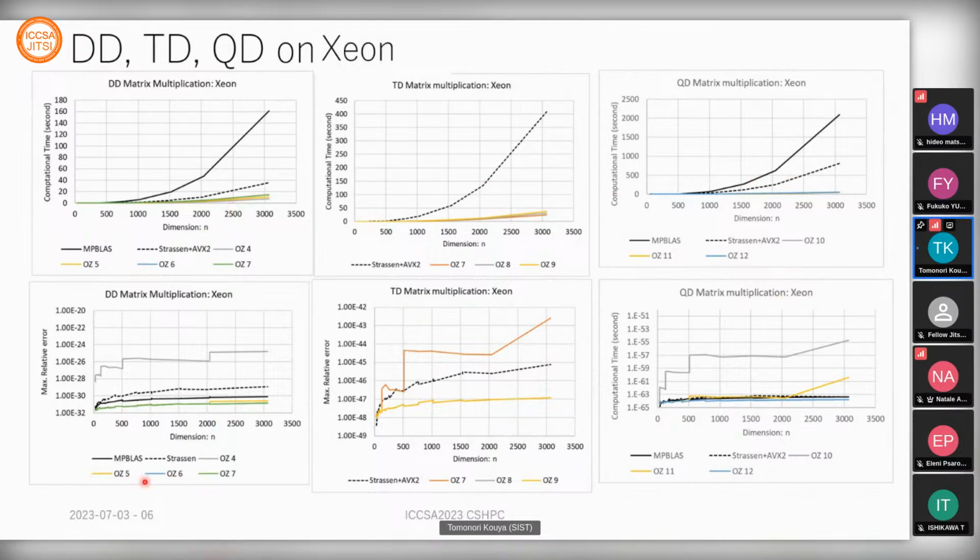And in maximum relative errors of matrix products, Ozaki scheme can give the most accurate numerical products by using the maximum number of divisions.